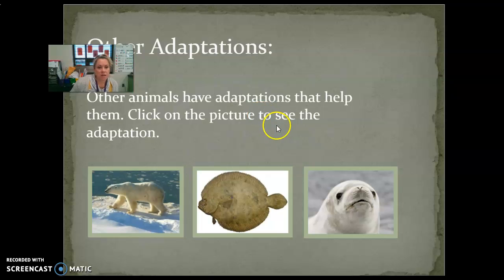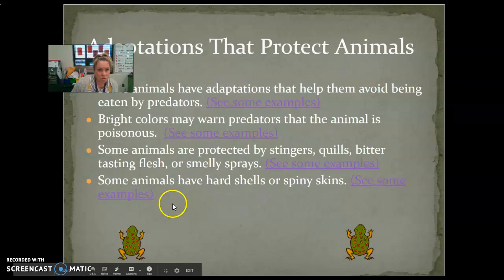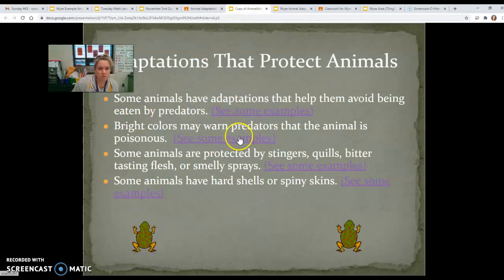There are other animals that have adaptations. And we noticed yesterday that those pictures were not working, but they're at the end of the slides. Some animals have adaptations that help them avoid being eaten. And again, our examples are not working, but they are at the end of this presentation. But that would be like our poison dart frogs, because they're poisonous.